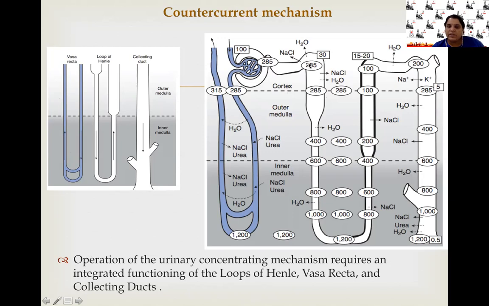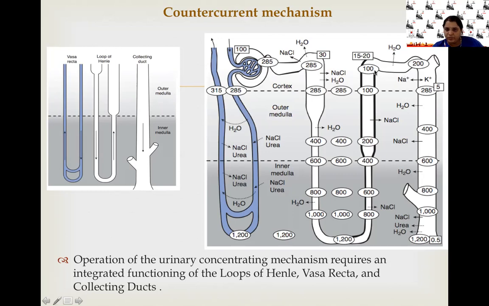The tubular fluid exiting the proximal tubule, as I said, is nearly iso-osmolar to plasma, which is around 285. By the time it exits the loop of Henle and enters the distal part of the tubule, it becomes hypo-osmolar, that is, the osmolarity drops to as low as 100.